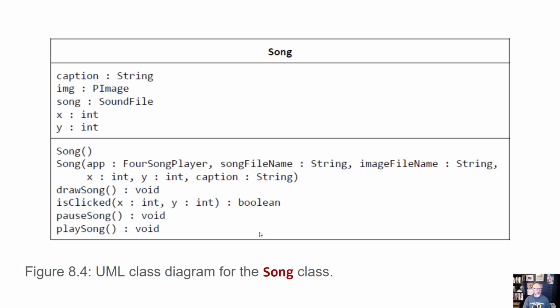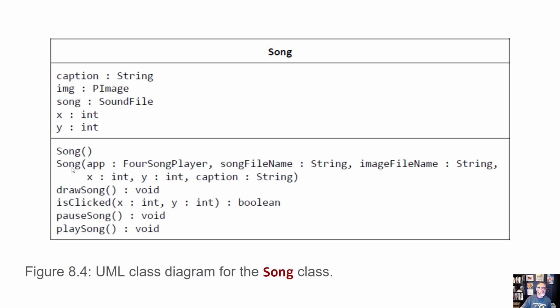So this is a UML diagram that corresponds to the image on the previous slide. You can see that we've got our 5 pieces of data listed as fields in the UML class diagram: our caption, image, song, X and Y. And then we have our methods.